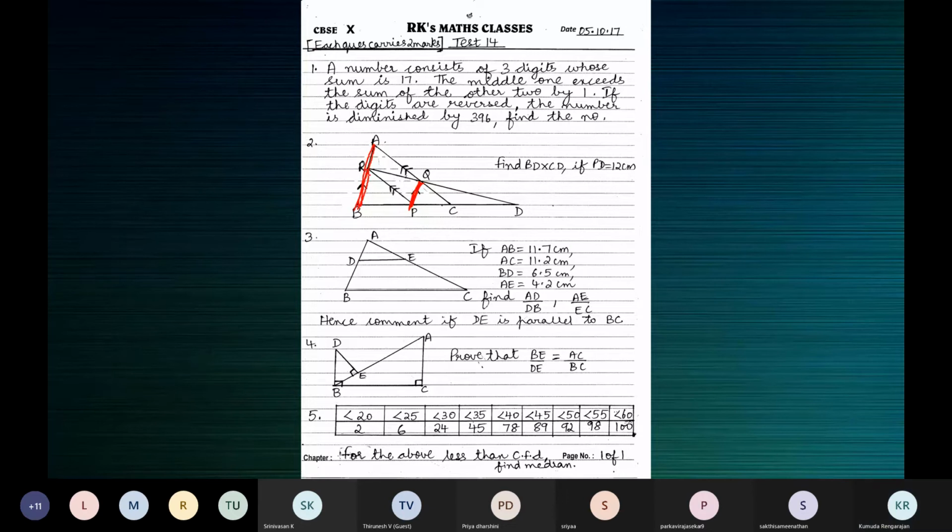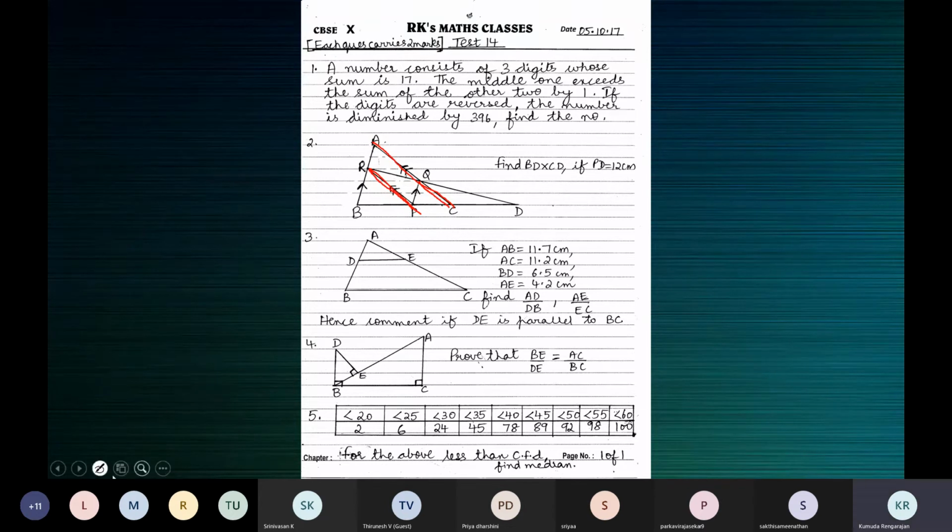Then RP parallel to AC also means RP is parallel to QC. Yes or no?